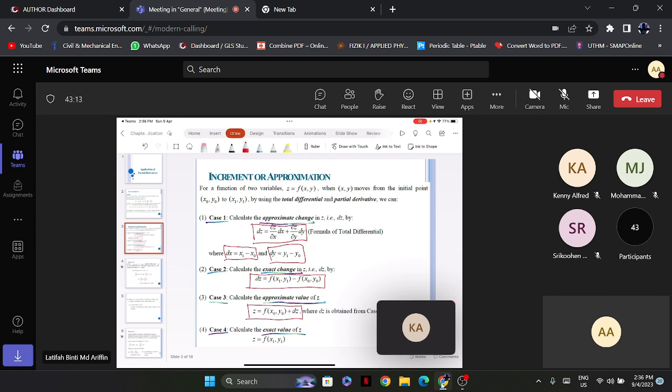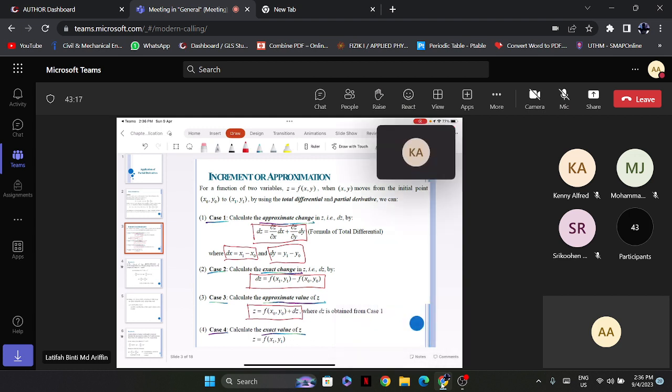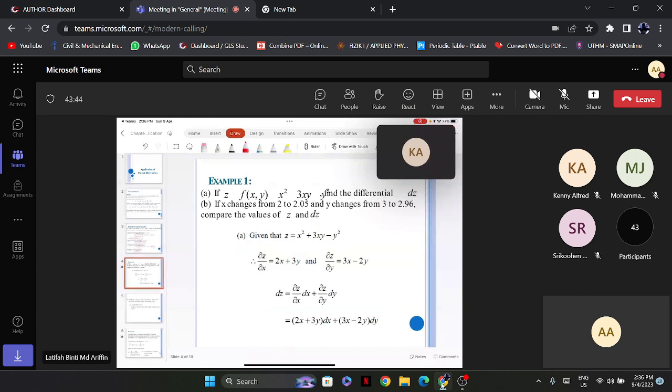Where dz untuk case yang ketiga kita akan dapat daripada case yang pertama. So we will refer dz from case number 1. And then last but not least, case number 4, calculate the exact value of z. Iaitu kita akan gunakan formula z equals to f(x1,y1).